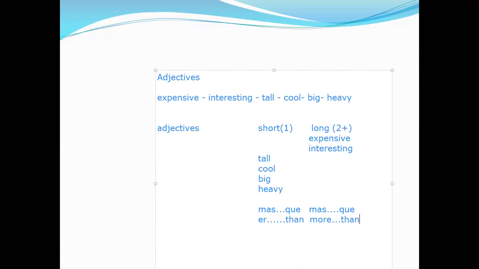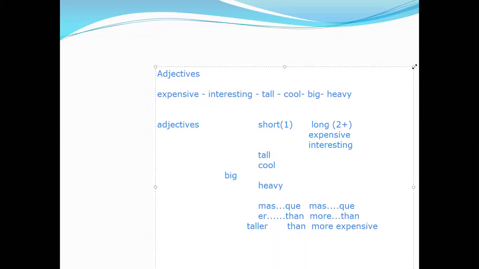So this is the rule that I want to share with each of you. So, for example, tall is going to be taller than. Okay? Or a long adjective is going to be more expensive, and in this case, we are adding at the end than.